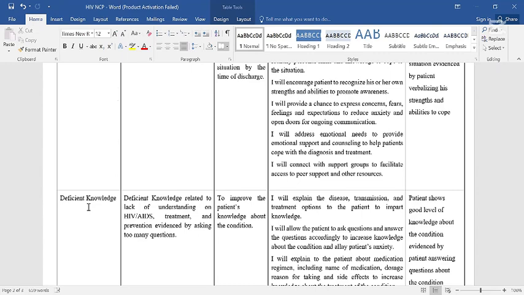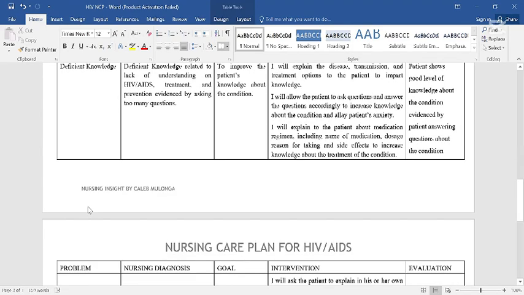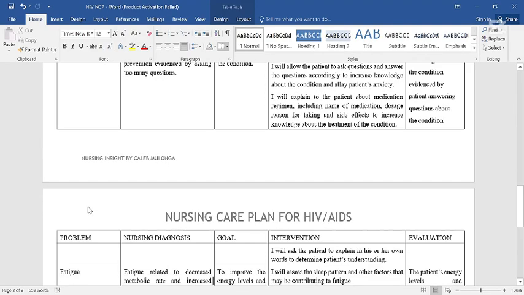Number three, I will explain to the patient about the medication regime, including the names of the drugs or medication, the dosage, the reasons for taking, and the side effects to increase the knowledge about the treatment.